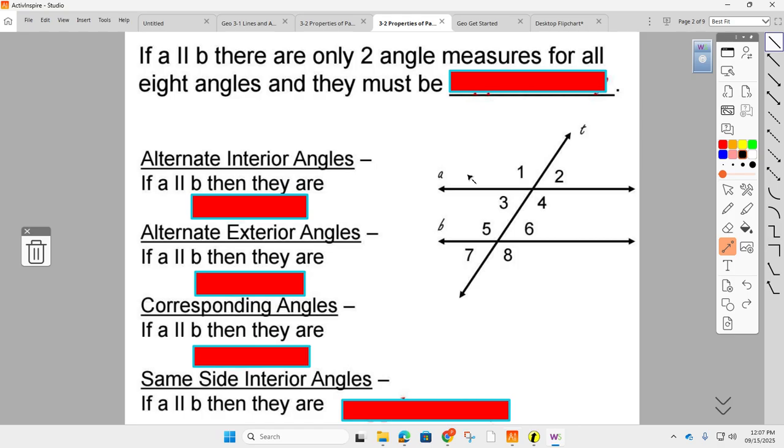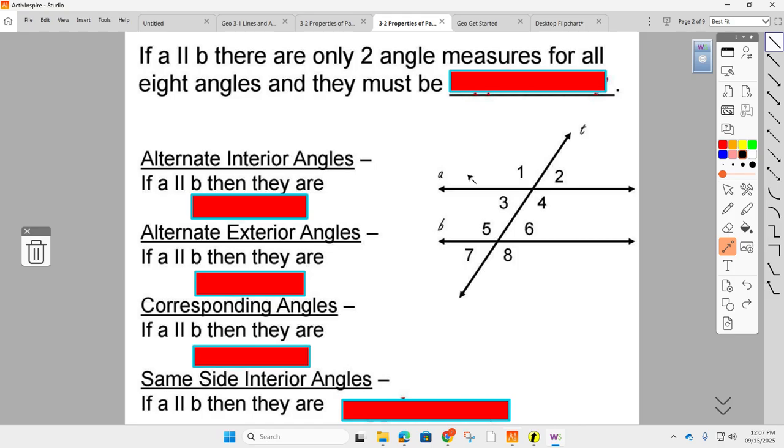learning the definitions of what they are. Now we're learning that when these angles are created by two parallel lines being crossed by a transversal, there are special relationships as far as the measure of these angles that we know. If you look at the directions, it says if A is parallel to B, there are only two angle measures for all 8 angles, and they must be supplementary.